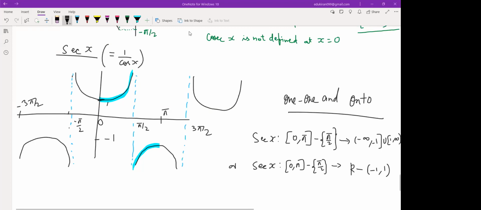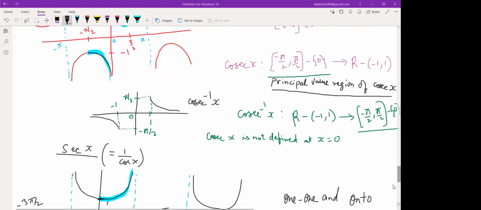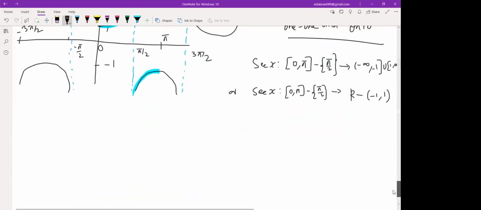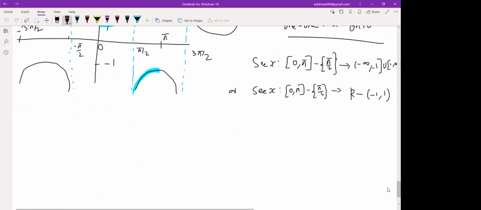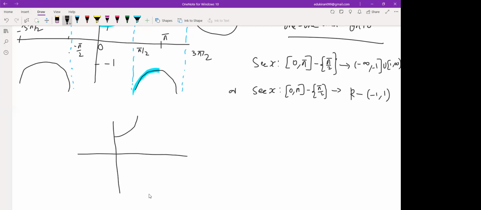So when you draw the sec inverse graph, you'll take the mirror image of sec x about y equal to x. As we have seen, sec x is this one. This is sec x, we have highlighted above.